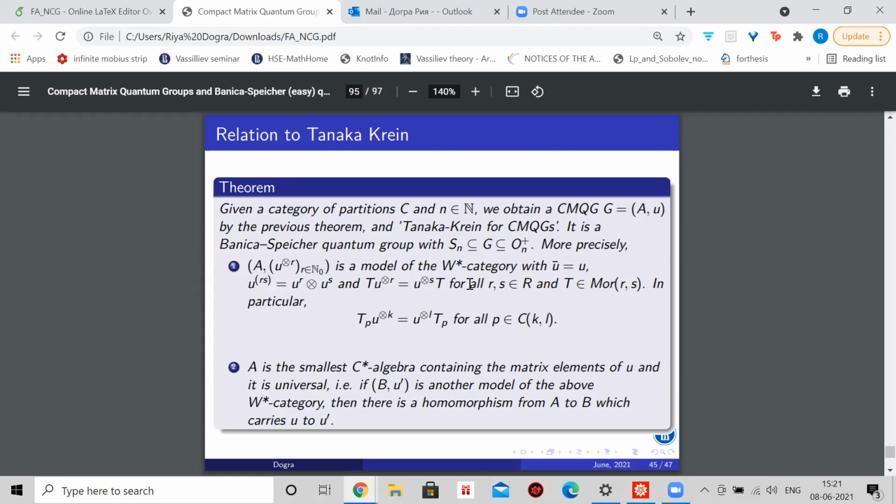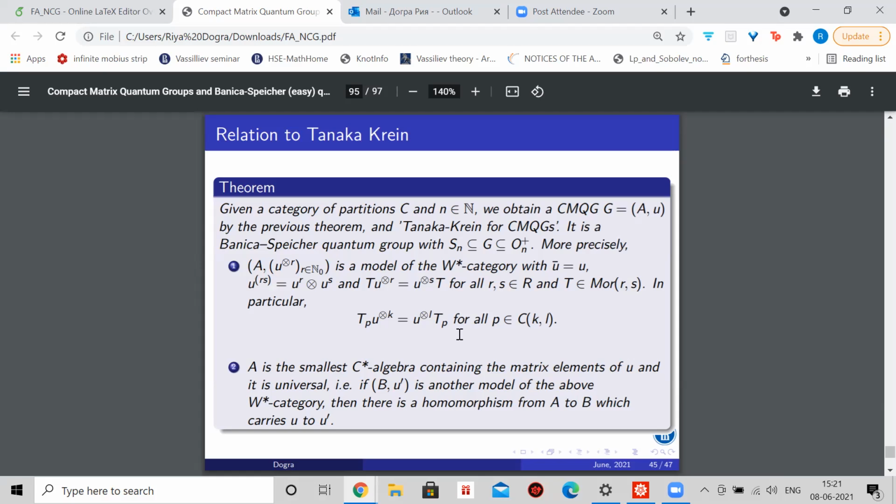Actually, I'm not exactly sure what happens when something is a model of a W star category, because I remember reading it, but I missed putting it in the presentation. It was a quadruple along with some extra relations that probably satisfies these things, but I'm not sure right now what a model means. So we start with a category of partitions and the natural number. Then we generate the W star category out of this data.